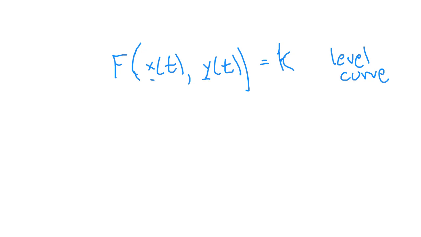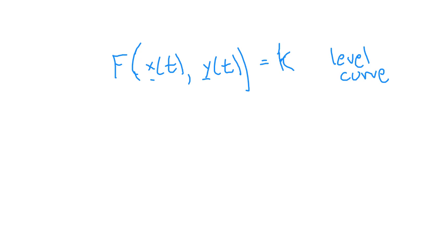But x and y can also be thought of as functions of time, if you want. You can make x and y a function of time. You still have a level curve because the function of x and y equals k.